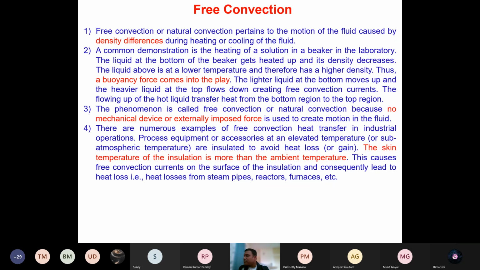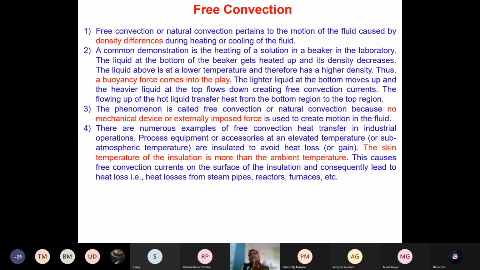Even though these pipes are insulated, the skin temperature of the insulation will still be higher than the ambient temperature, so some amount of heat will still be lost by natural convection.